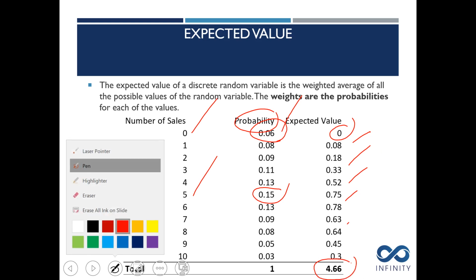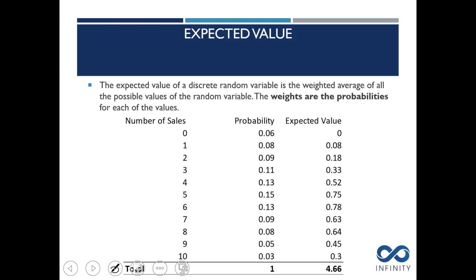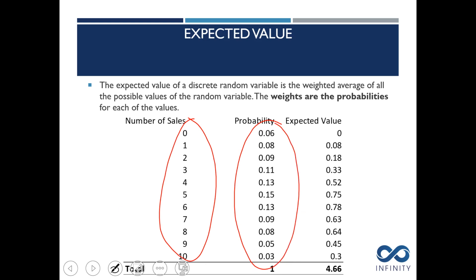So what we have done here is multiply the outcome, or random variable, with its probability. We are trying to find out the average of all possible outcomes, and we are considering the weight of each outcome as the probability that the outcome may occur.